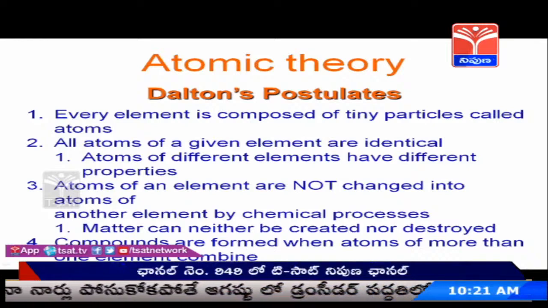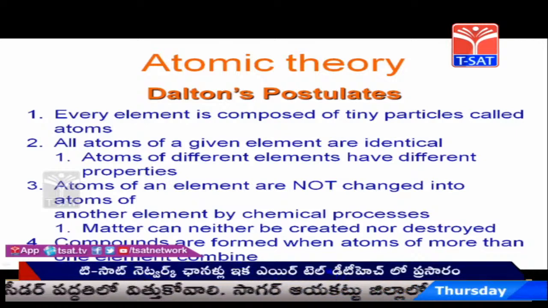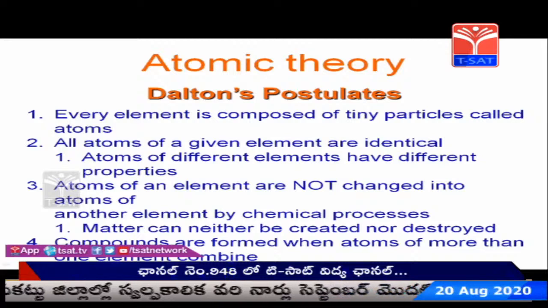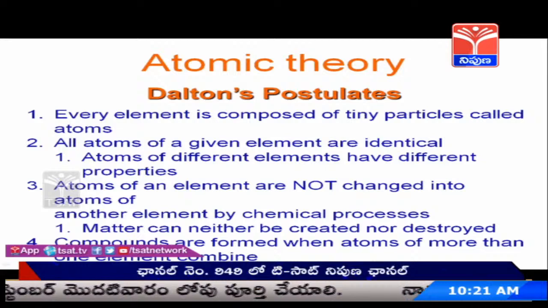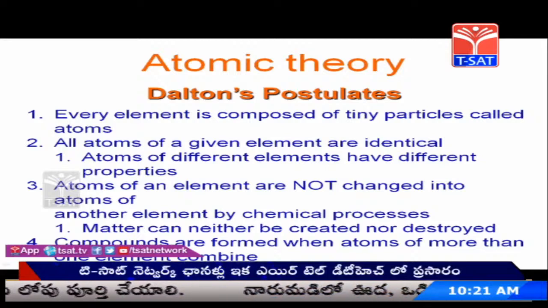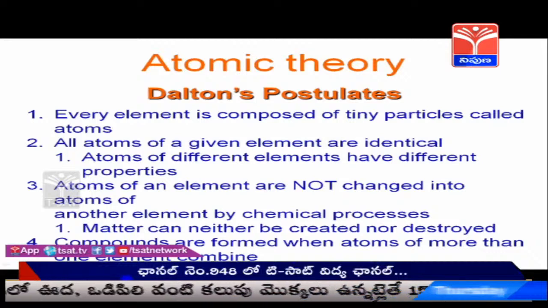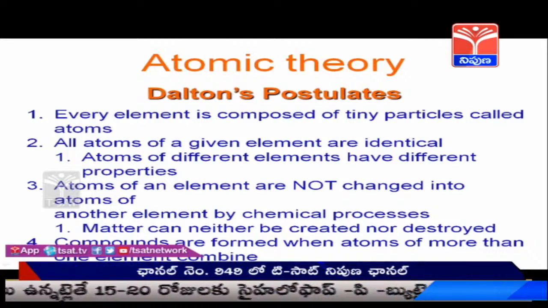Atoms of an element are not changed into atoms of any other element or any other chemical substance due to any type of chemical process. Whatever chemical process you adopt, atoms will not change their structure.